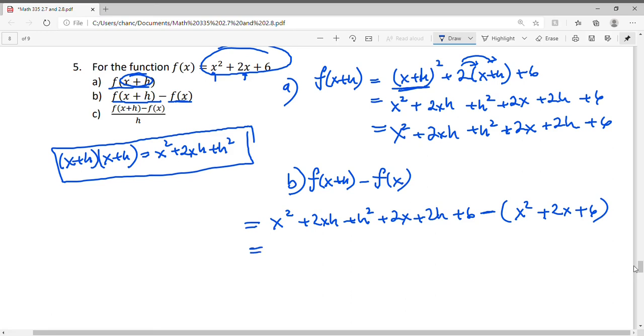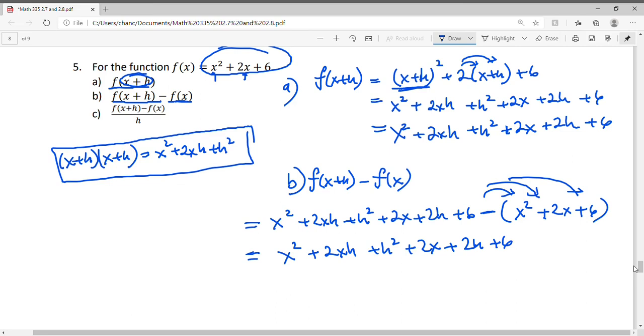Now we can distribute the negative to the right side. This is equal to x squared plus 2xh plus h squared plus 2x plus 2h plus 6, and then this distribution gives us negative x squared, negative 2x, negative 6.